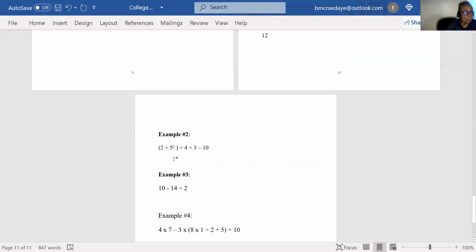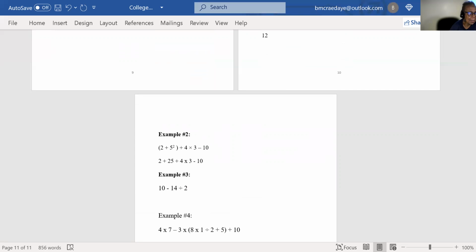So this becomes what? 2 plus 25. 5 times 5 is 25. All right. Plus, let's just write the rest of it, 4 times 3 minus 10.